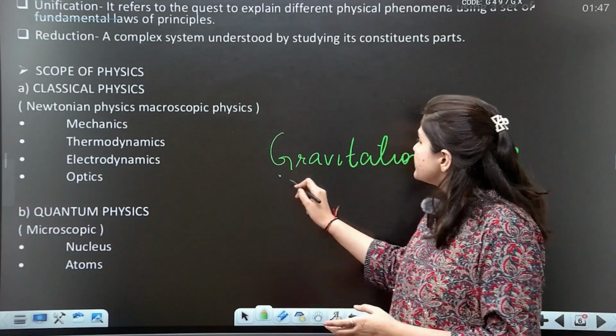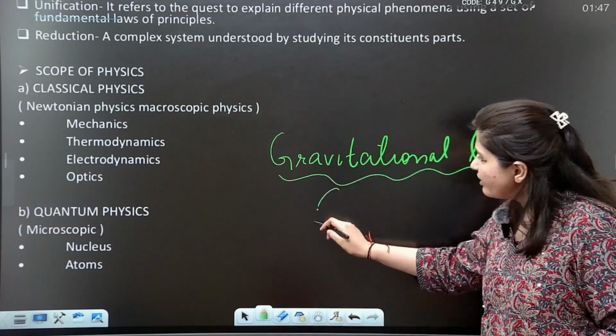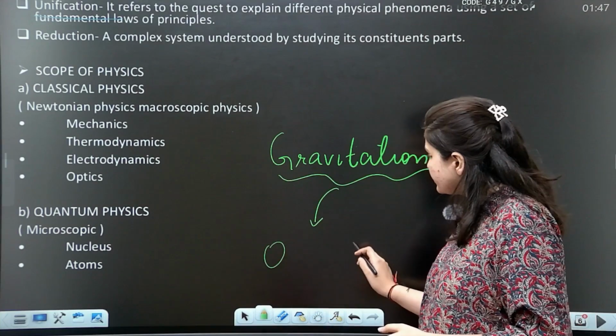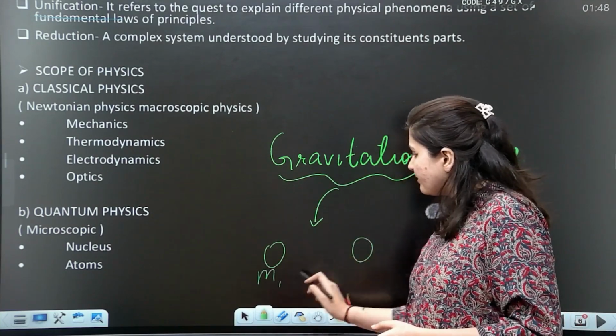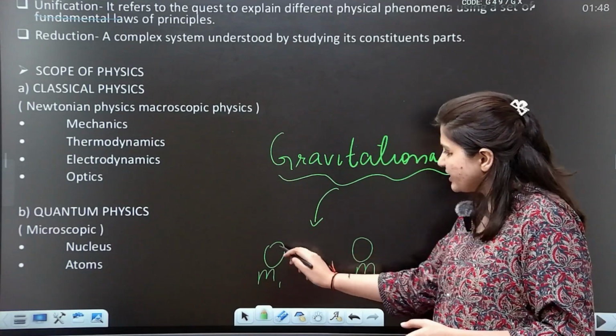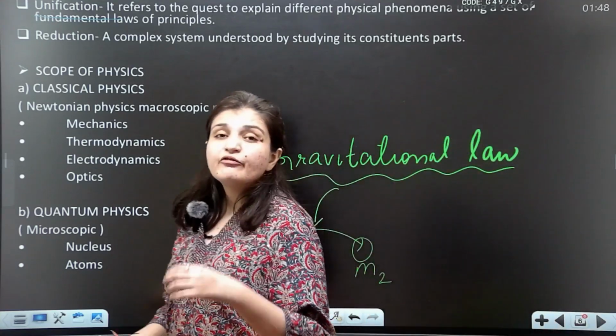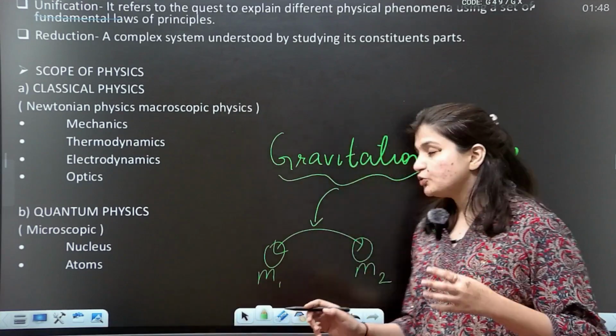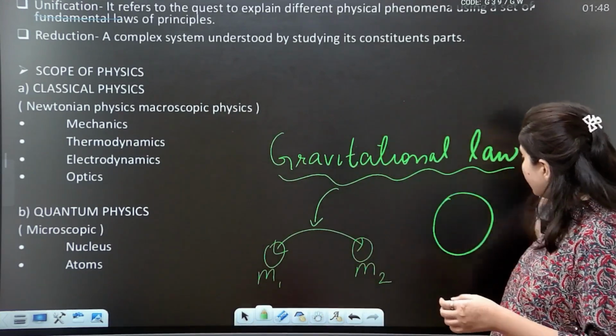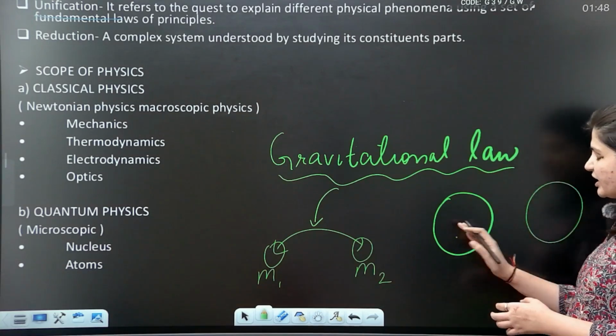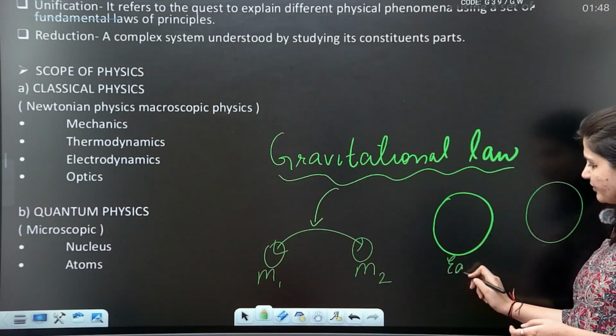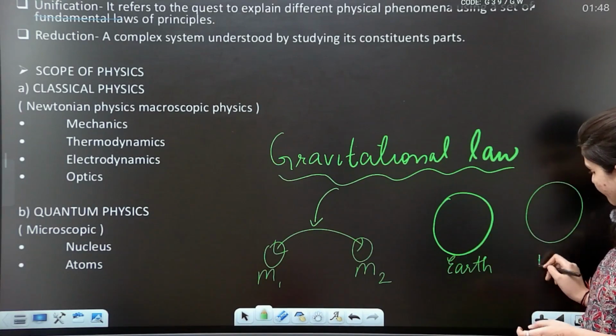Using this gravitational law, we solve for the force that acts between two masses, and the force that is applicable to the earth and the other planets, like we have Earth and we have Mars.